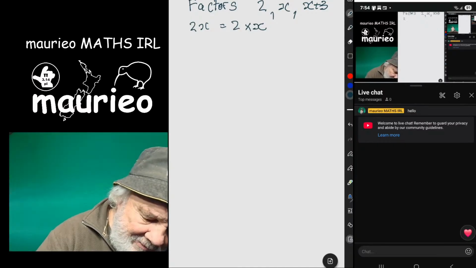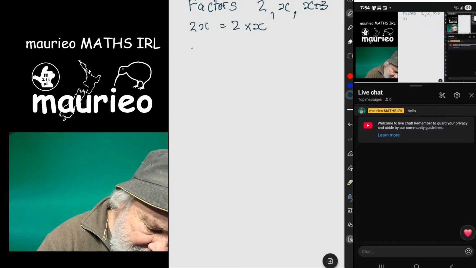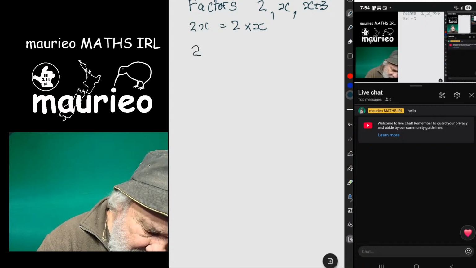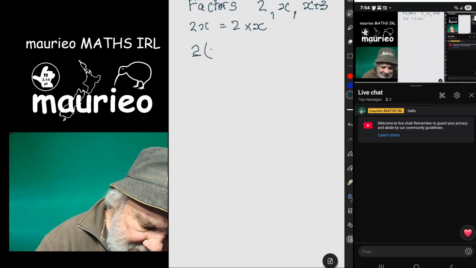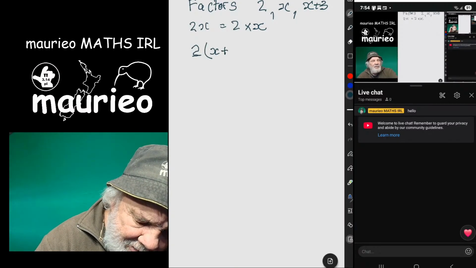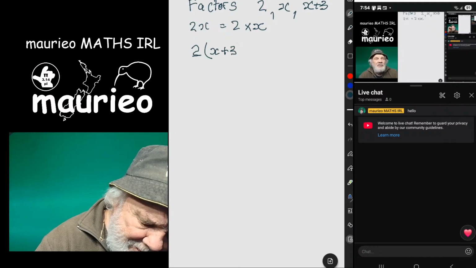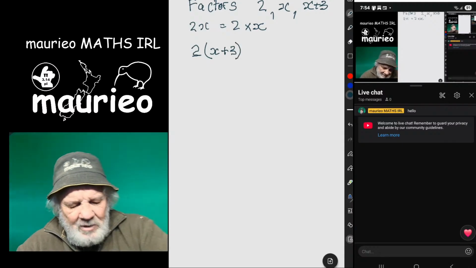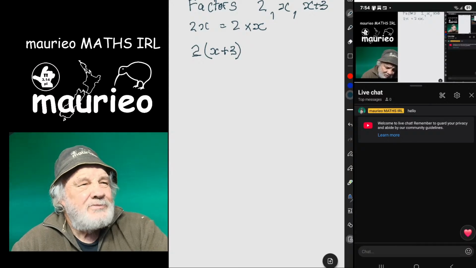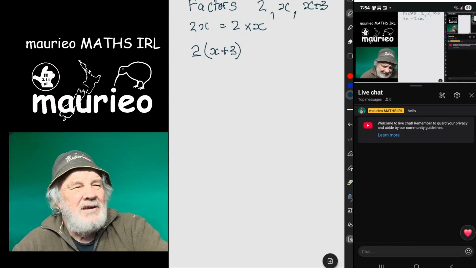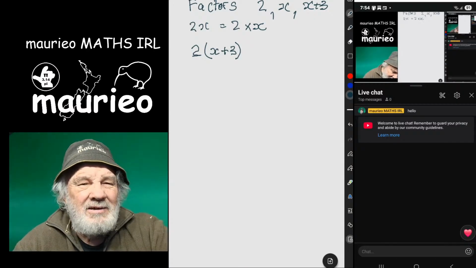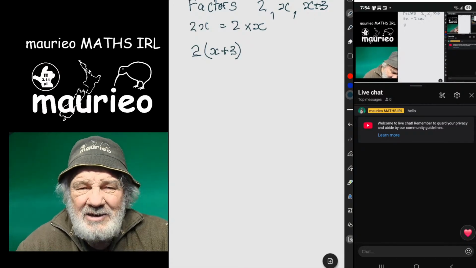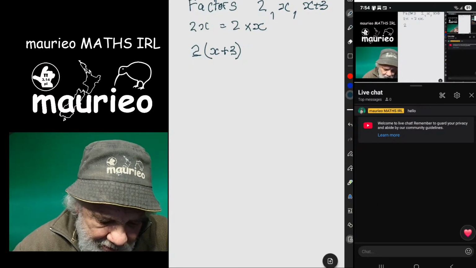Now another thing that we can do is write 2 times x plus 3, and we put that in a bracket. So what does that mean?